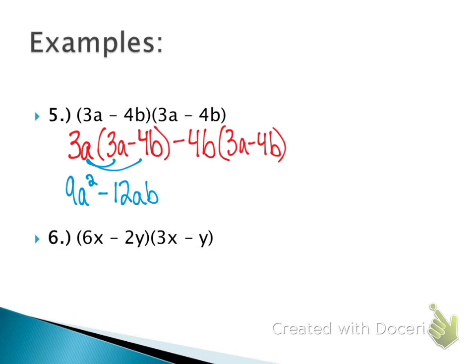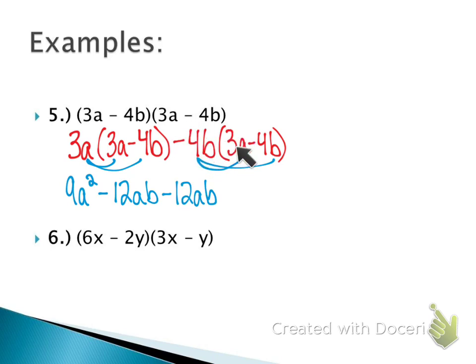Then we go to the back. We have to distribute the negative 4b. Negative 4b times 3a. Negative 12ab again. Now, even though we were multiplying in a different order, it was the same multiplication we just did.